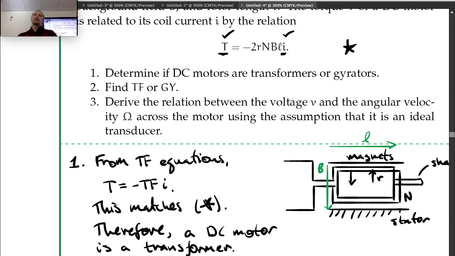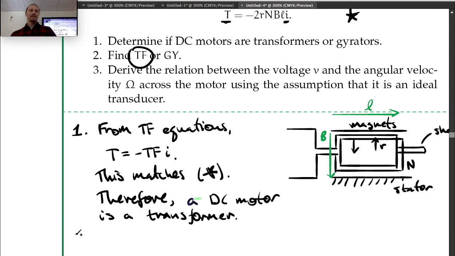The second step is to find the transformer ratio, because it's a transformer, not the gyrator modulus. So step 2 is to find the transformer ratio. And we actually got partway there in this last part, right?